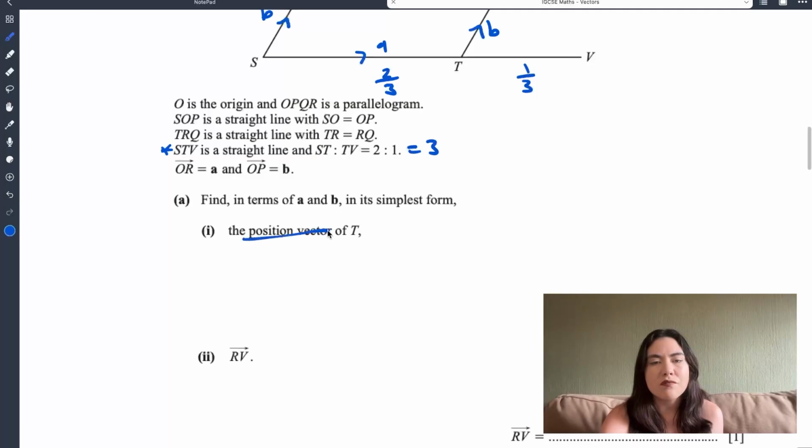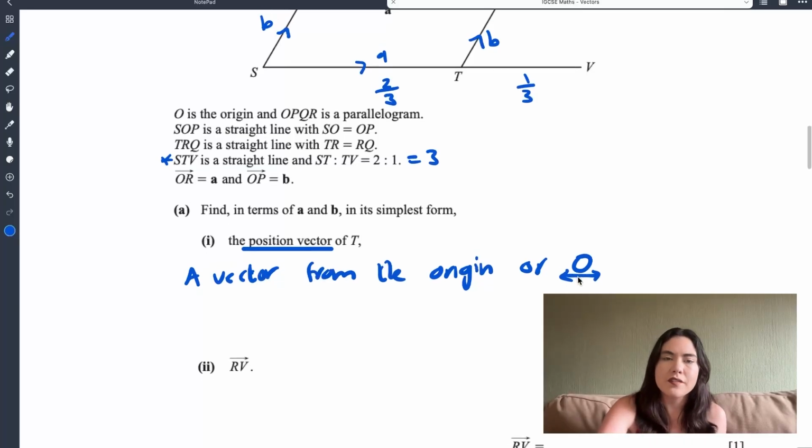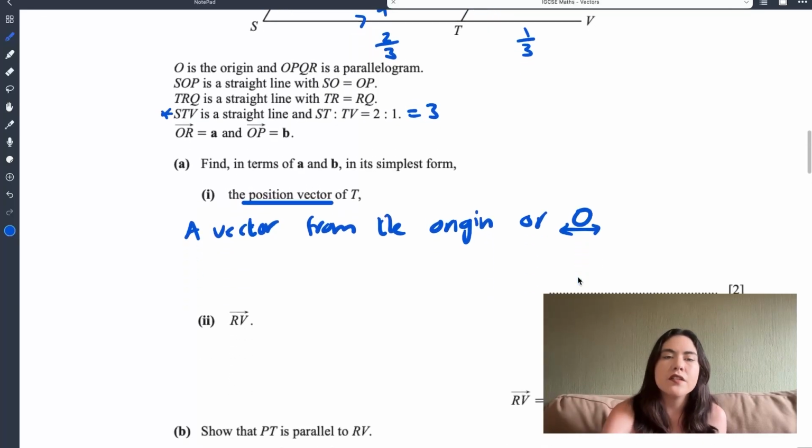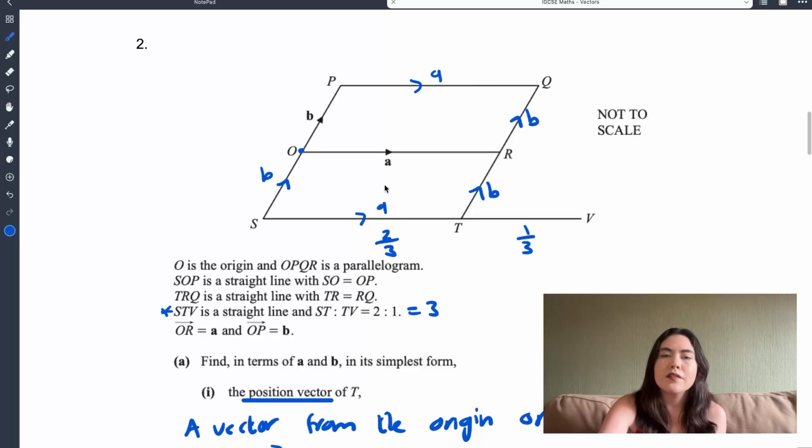A position vector is a vector from the origin, or O. So if you are ever asked to give a position vector, you are trying to find O to the letter you're given, which in this case is T. So we're trying to give instructions on how to get from O to T.